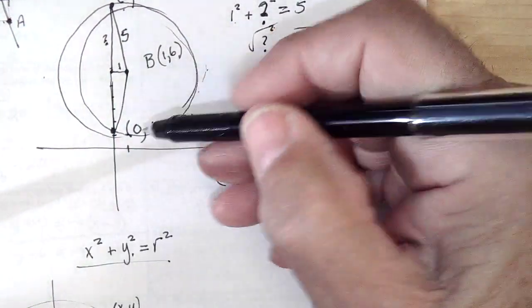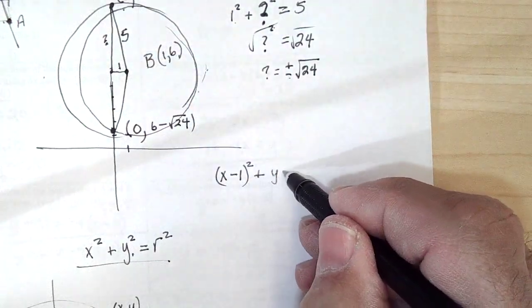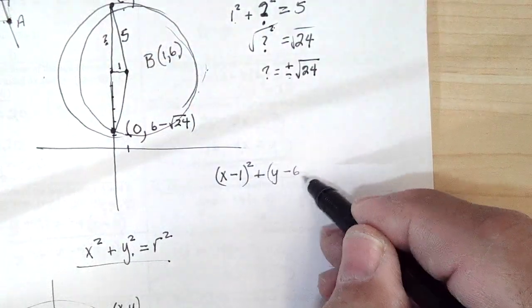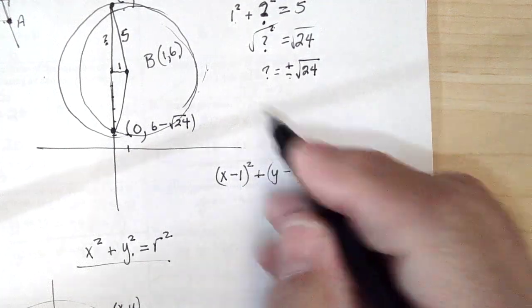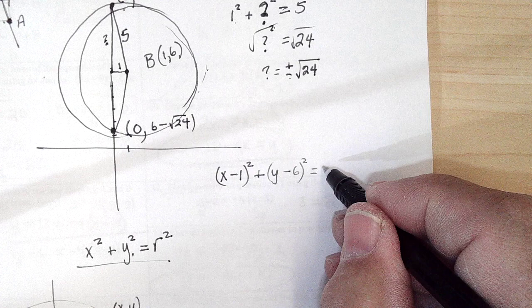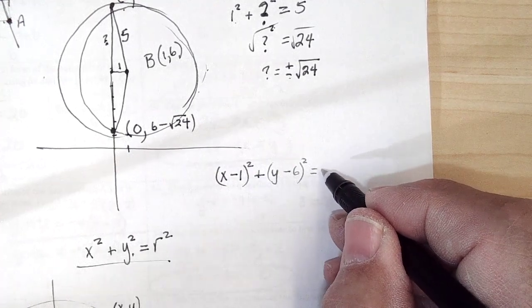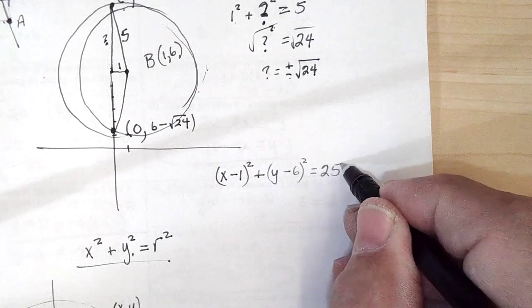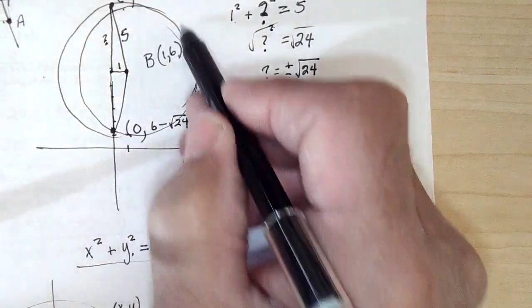And then to move it up 6, it would be y minus 6. And the radius on this one is supposed to be 5, and so the radius squared would be 25. And there's the equation of all the points on this circle.